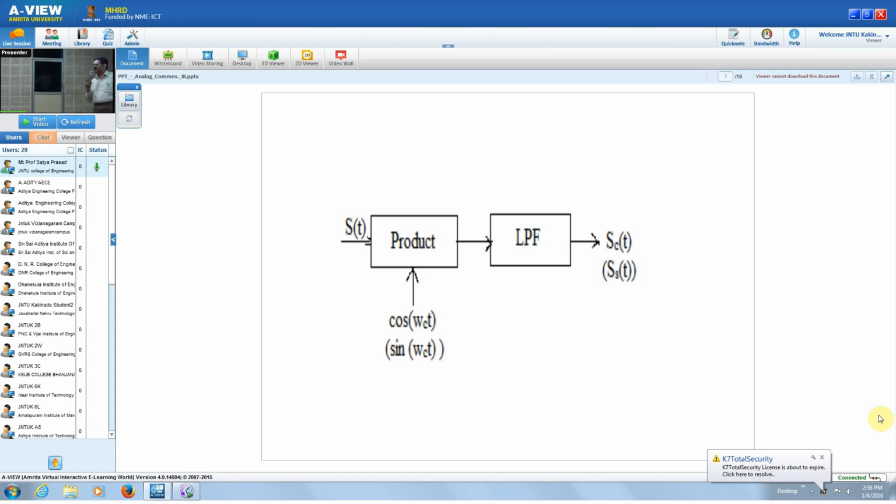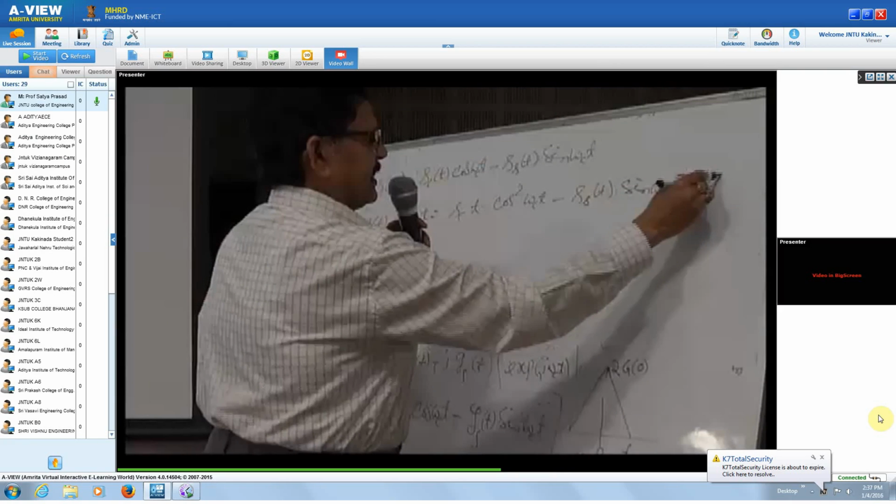So we are having our band pass signal S of t, then we are multiplying with a product modulator with cos omega ct or sin omega ct. Suppose if you multiply with cos omega ct, S of t into cos omega ct, what will happen? This is Sc of t cos square omega ct minus Ss of t into sin omega ct into cos omega ct.